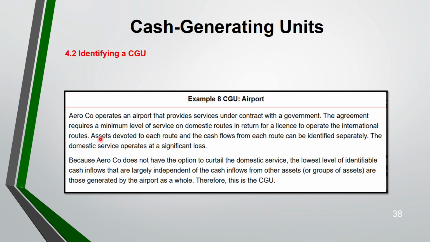Therefore, the domestic service operates at a significant loss. Because Aero does not have the option to curtail the domestic service, the lowest level of identifiable cash inflows that are largely independent of the cash inflows from other assets are those generated by the airport as a whole. So the airport is the CGU.